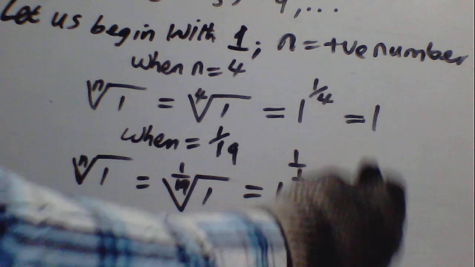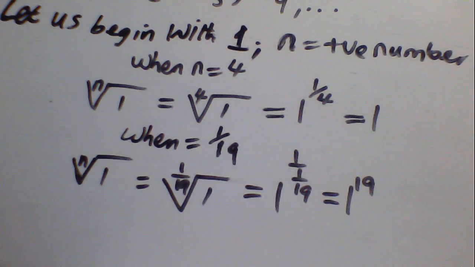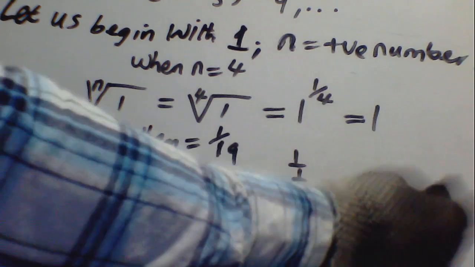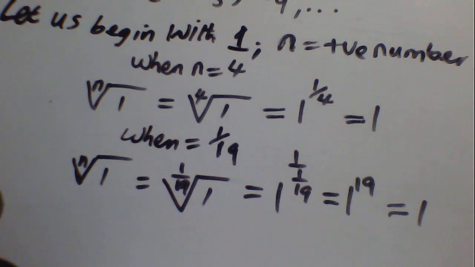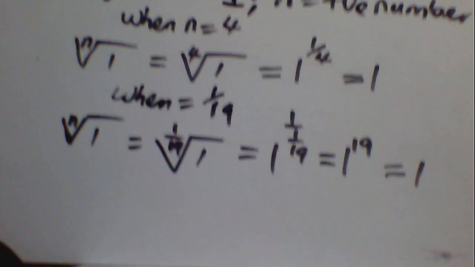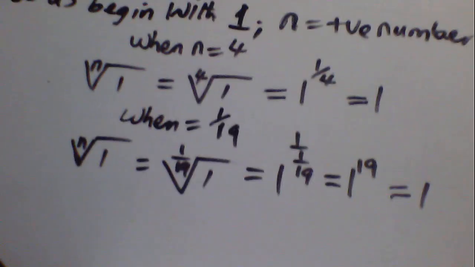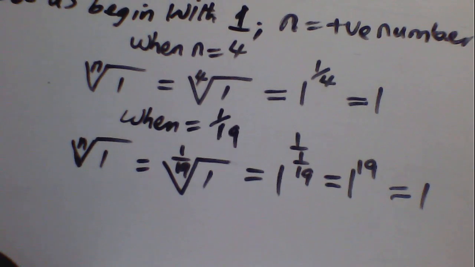And 1 raised to the power 19 is equal to 1. So any number, whether negative or positive, acting as a power to 1, the result is 1.